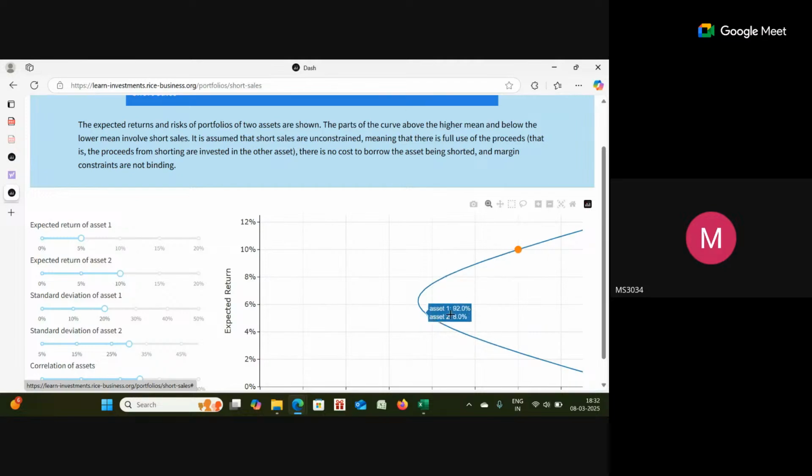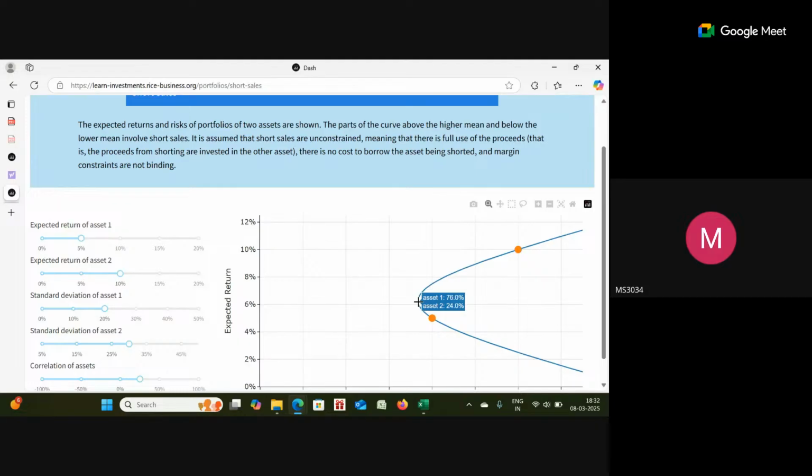Now once we have this minimum variance set available to us, as I discussed, a rational investor will only be interested in the part which is above the global minimum variance point, the upper half.